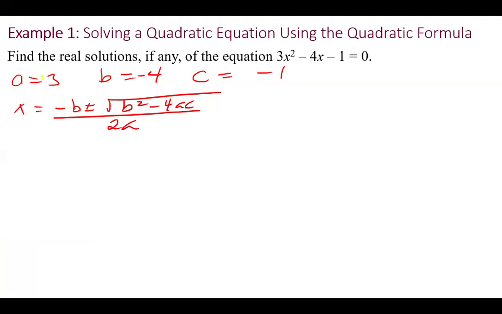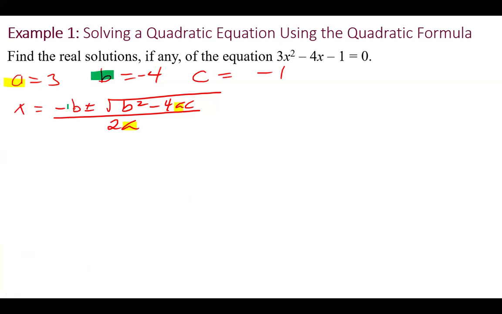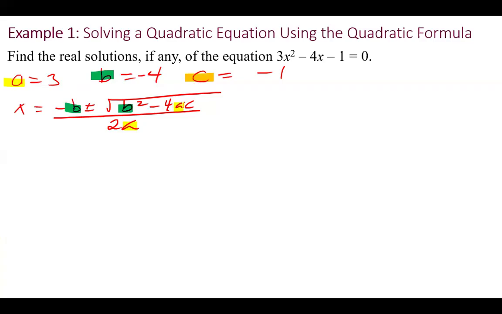Where a is, that's where we're going to put a 3. Where b is, that's where we're putting in our -4. And where c is, that's where we're putting in our -1. That's the beauty of a formula, your job now is just to plug and simplify. Does that make sense?